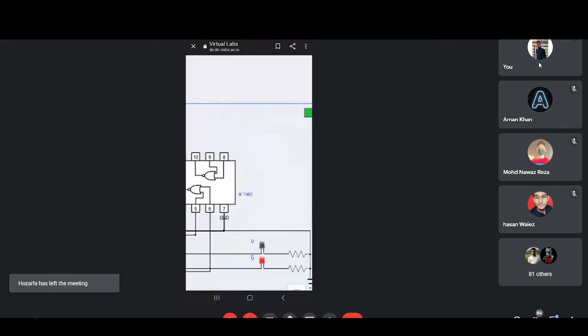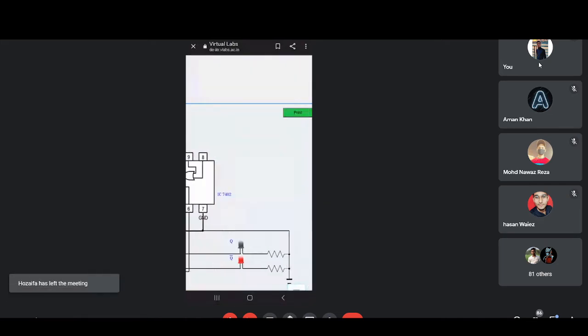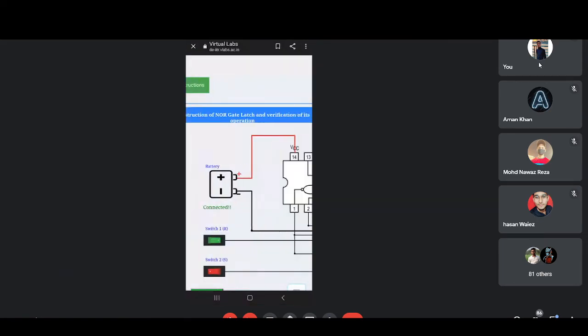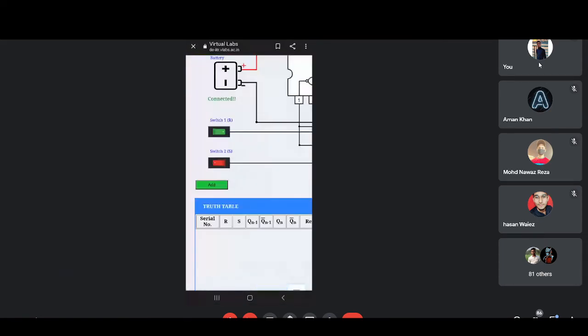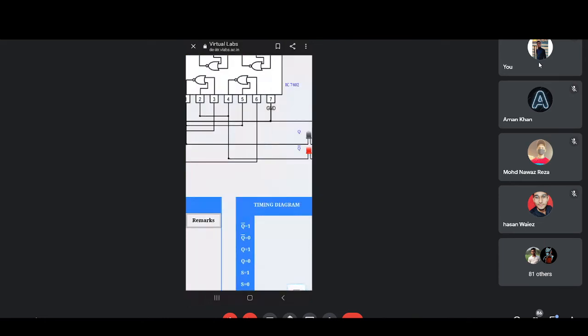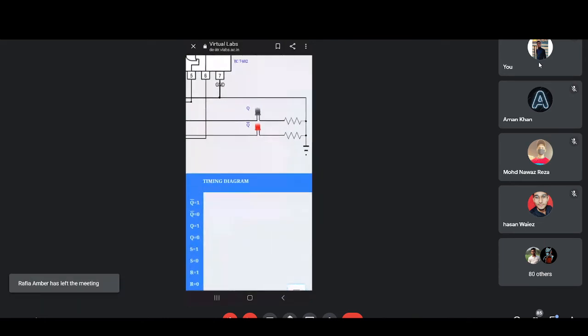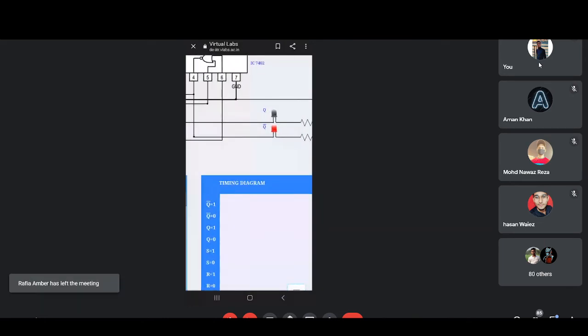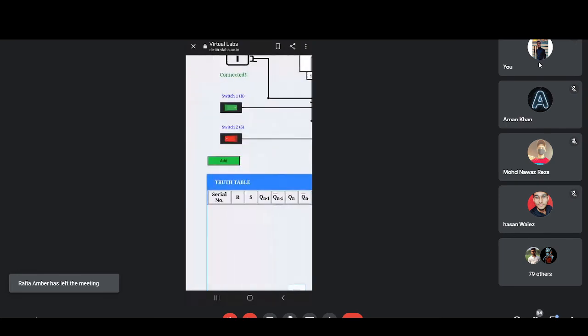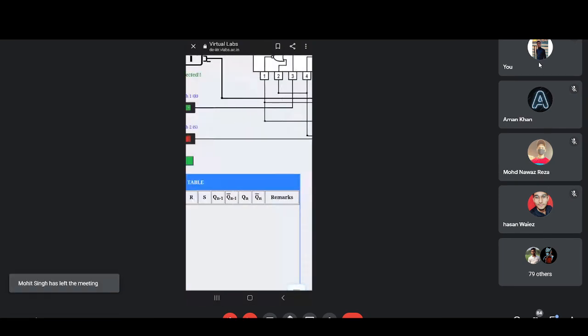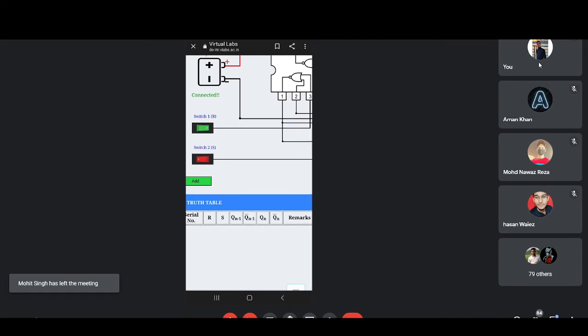We can have this timing diagram which we have seen there. We can have the timing diagram and the truth table, and we can add these to our truth tables.